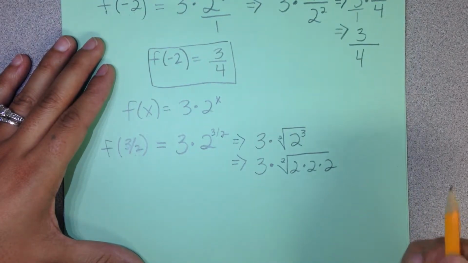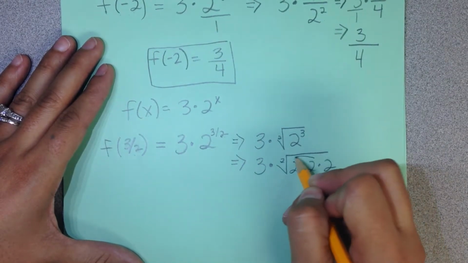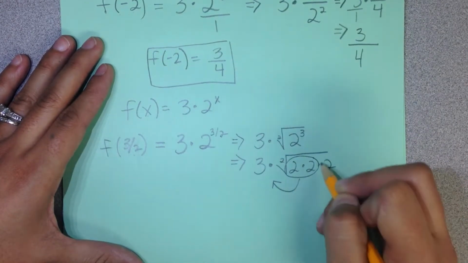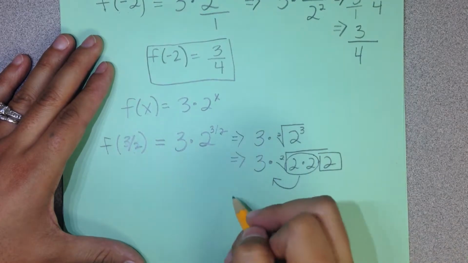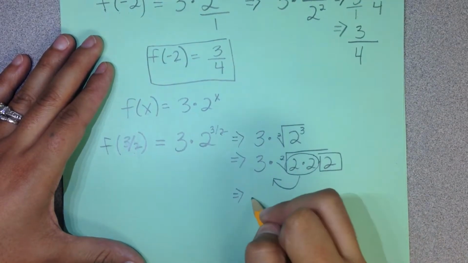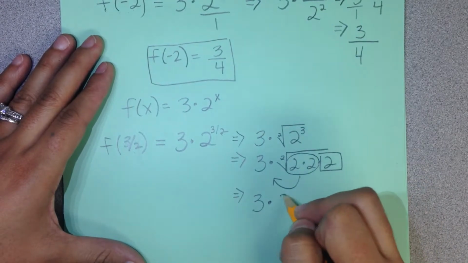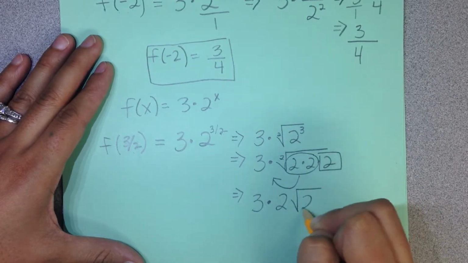We need a group of 2 to pull it out. Whatever's left stays inside. So we have a pair of 2's, so we're going to pull that out. And then we have one 2 left over, so that stays inside. So that is written as 3 times, we pull out a 2, and then what's left inside is square root 2.